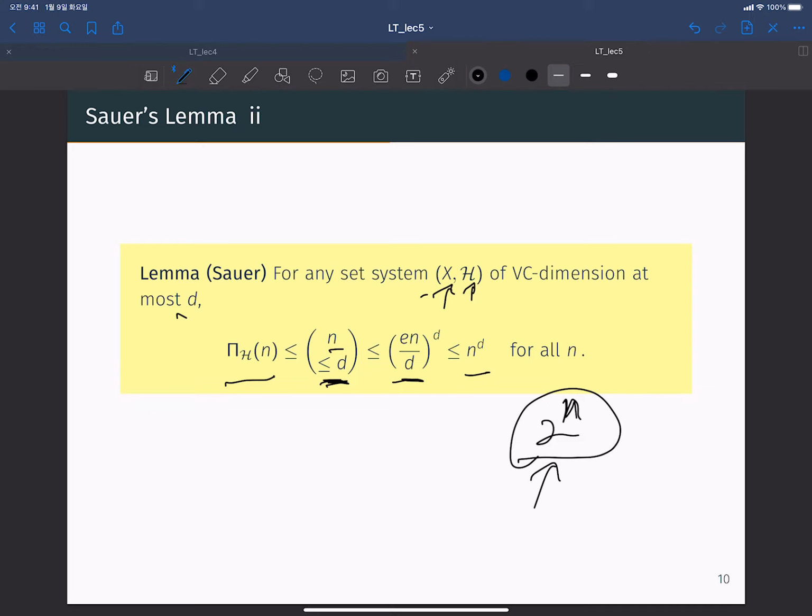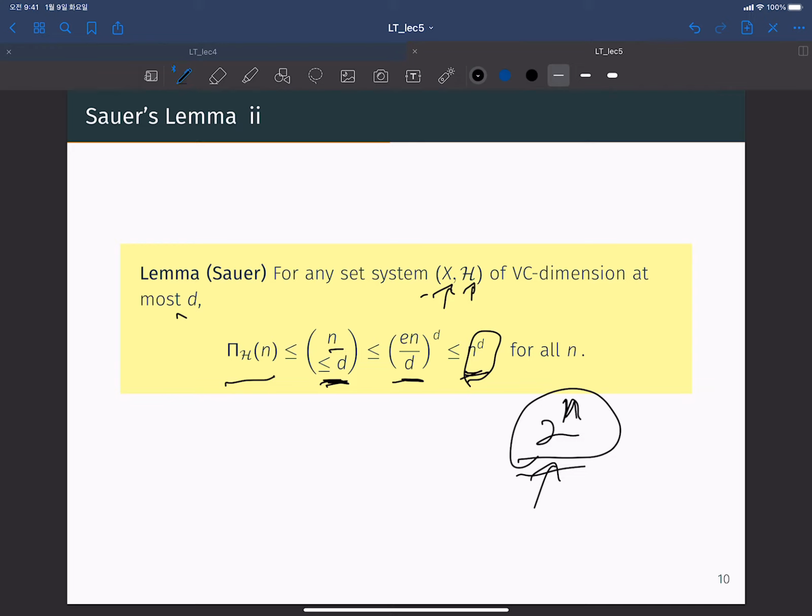Instead, we can define a very tiny portion of all possible functions. Sauer's lemma and VC dimension tell us the number of possible hypotheses on your input domain. When the VC dimension is small, we don't need to worry about such exponential growth. We just have n to the d number of hypotheses in our domain.